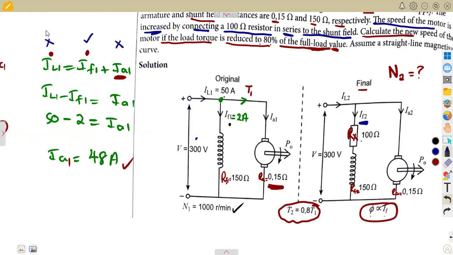So at the end, you see that we do not have the load current and we do not have the armature current. We do not have two things from just a single equation. There are two unknowns, so it was going to limit us to calculate the armature current 2.